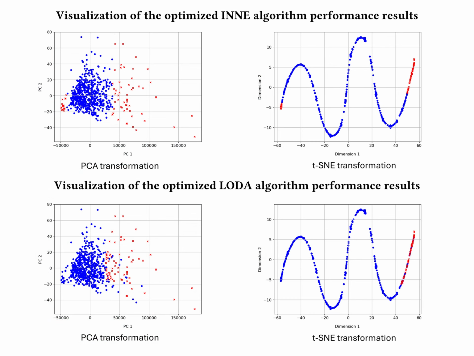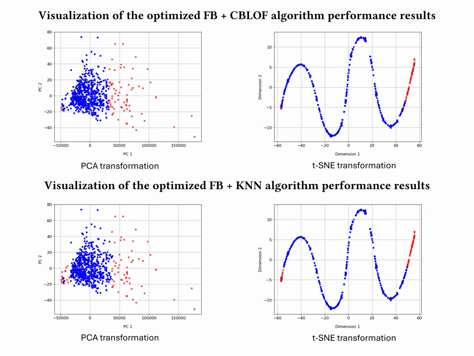The next two slides present visualizations of the optimized outlier detection algorithms using PCA and t-SNE dimensionality reduction methods. The visual assessment demonstrated the high accuracy of anomaly detection by each algorithm.